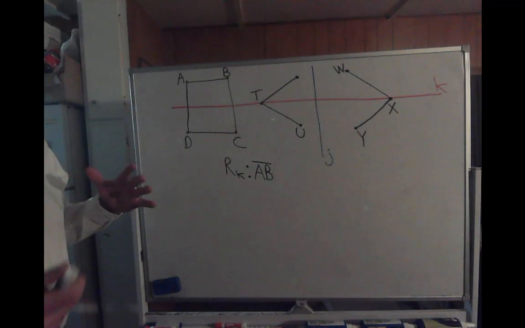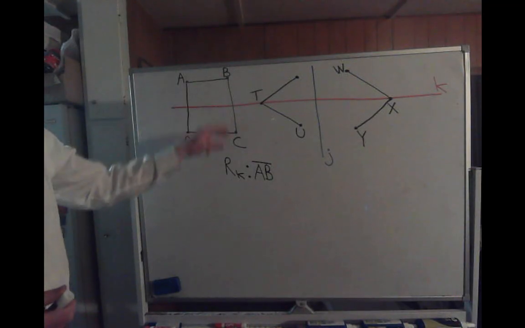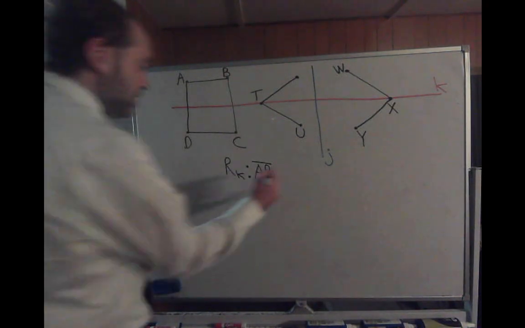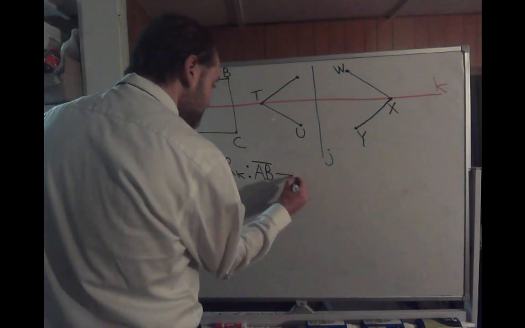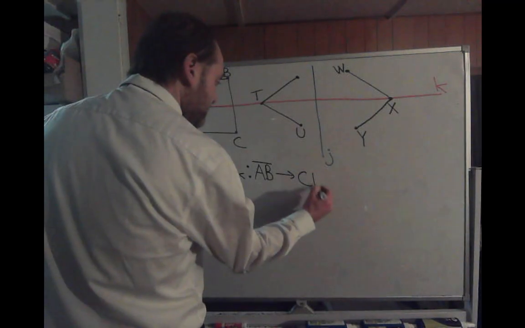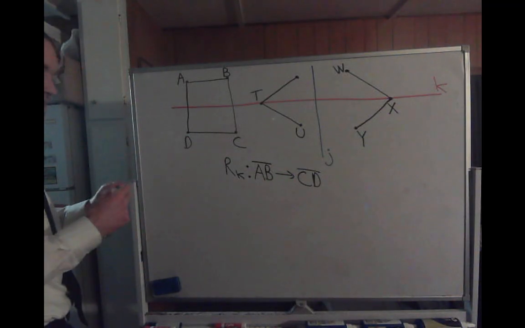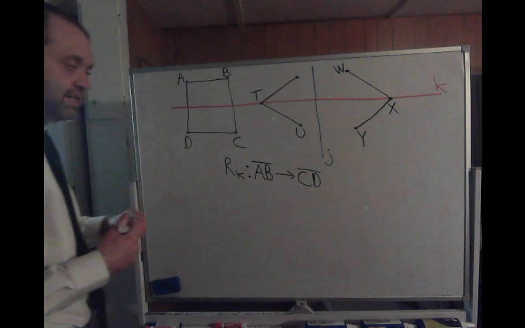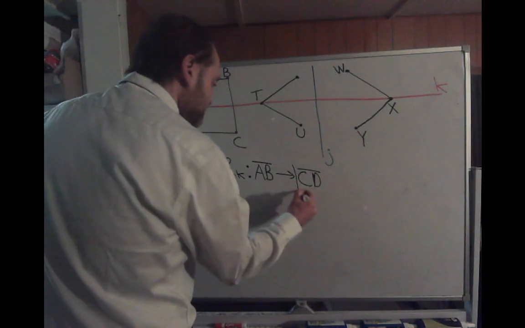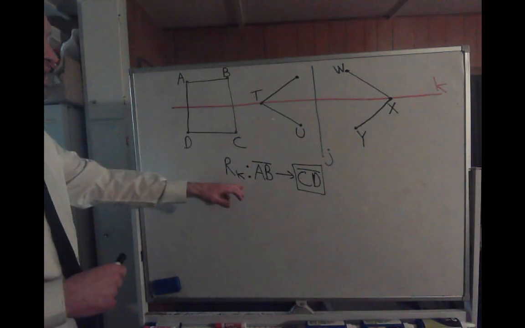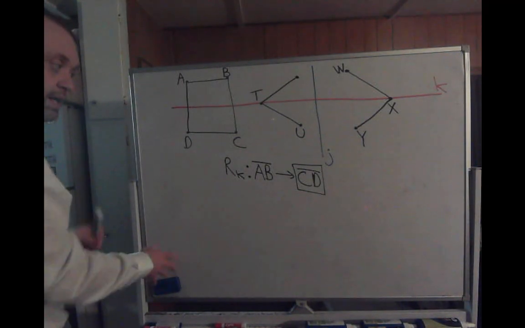Well, again, it's a horizontal line, so I'm just going to go straight down. That would be the segment DC or CD, however you prefer to say it. It doesn't matter, but line segment CD would be the reflection in line K of the segment AB.